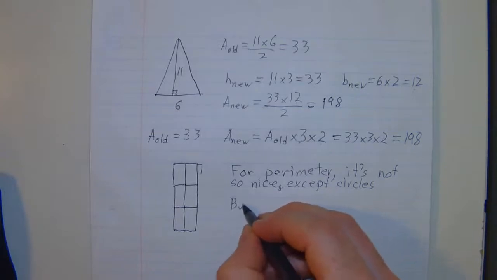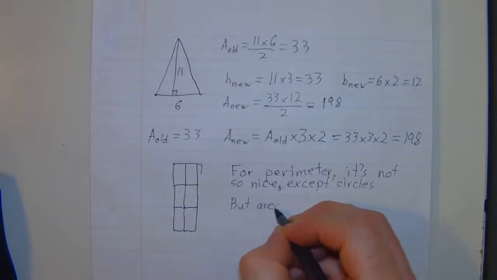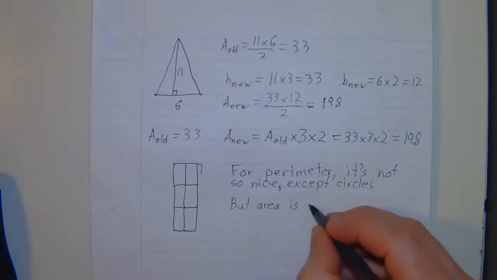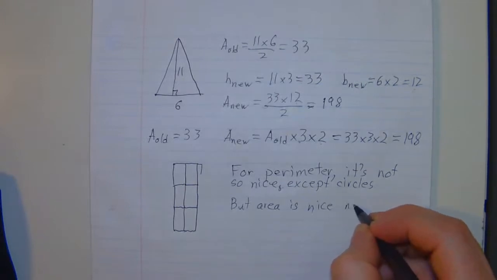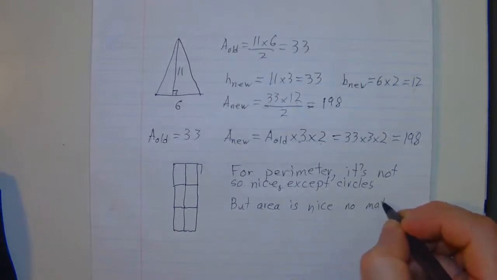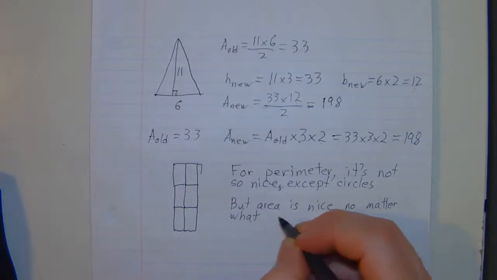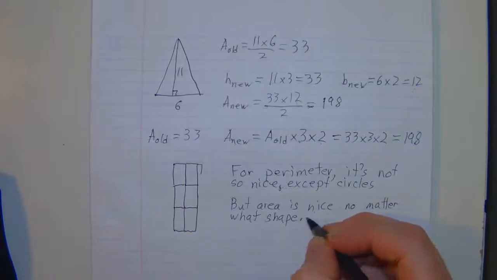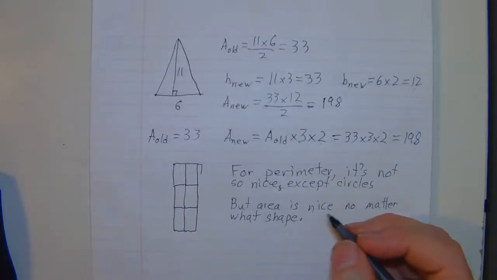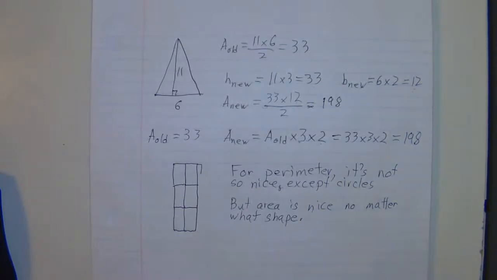But area is nice no matter what shape. We've seen it here with rectangles. We've seen it with triangles. We've seen it with circles. This is true for any shape.